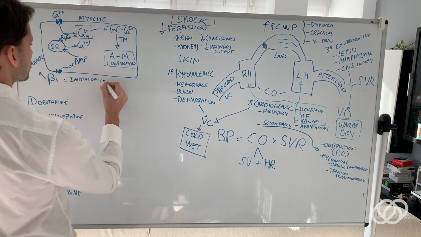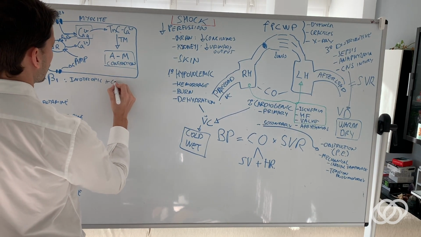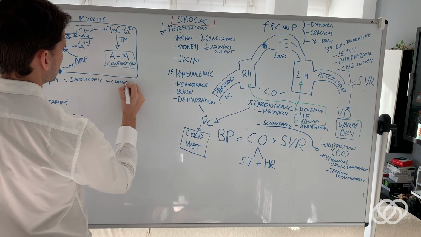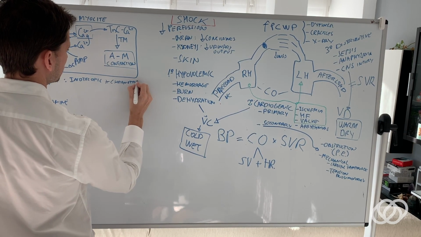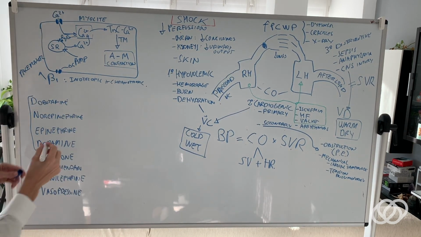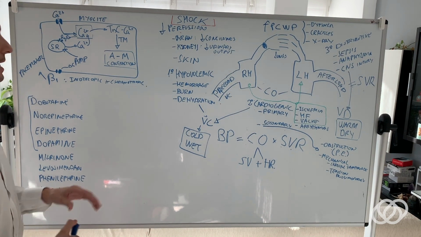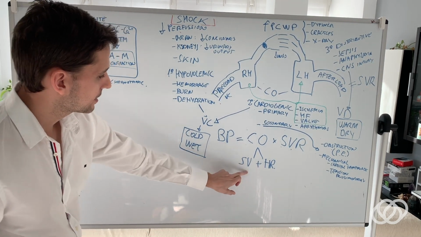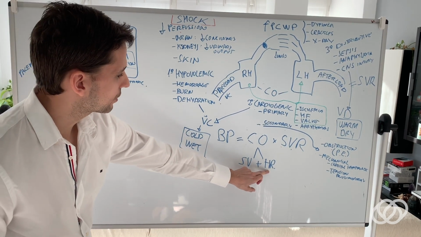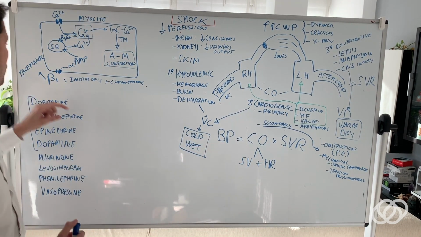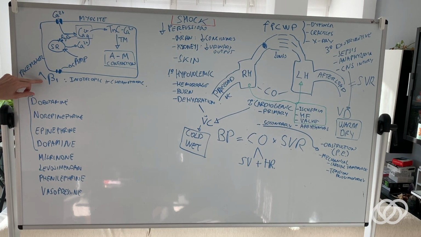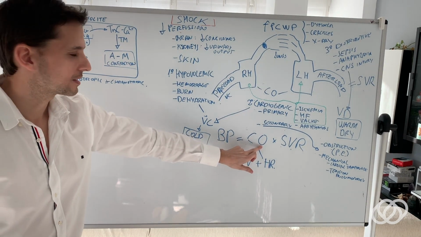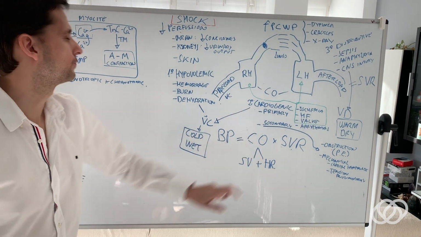So they also have a positive chronotropic effect. That's the way they increase the stroke volume and the heart rate, and that is how the inotropes acting on beta-1 increase the cardiac output.